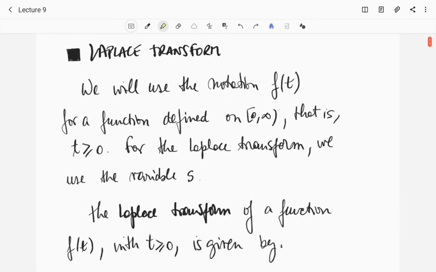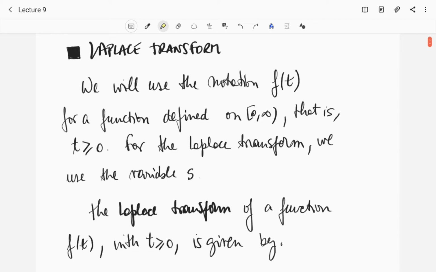So to fix notation, usually we were calling f of x, like the main variable was x, but now in this new setting we can call it f of t. This is just to fix notation. If you prefer to write f of x is completely fine.